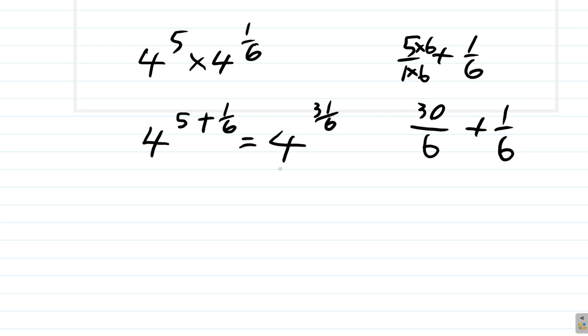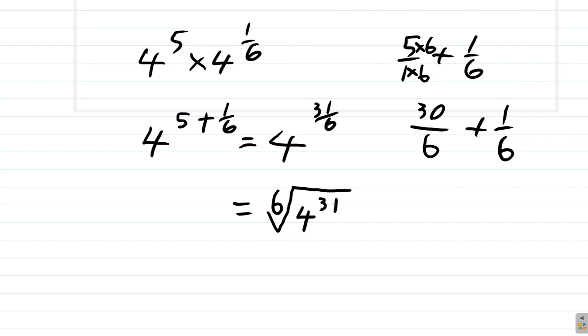So in that case, you remember that when you have a number raised to a fraction, the denominator will give you the root of the number, while the numerator will give you the power of the number.